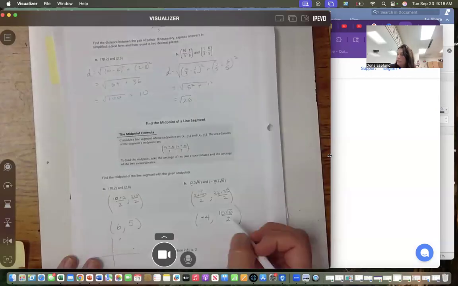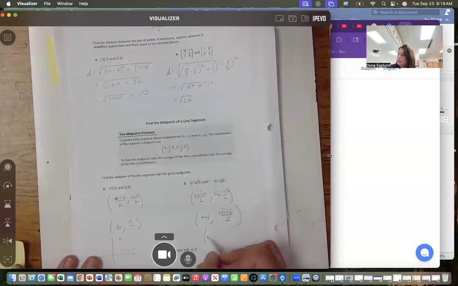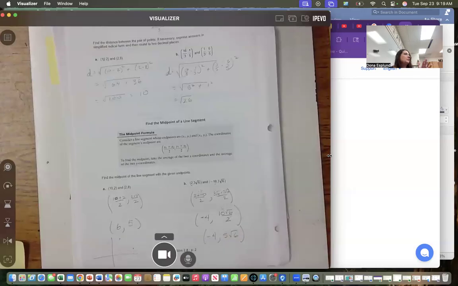On this one, the 2 is not underneath the radical, so I can take 2 into 10 and reduce that to 5. So my answer is negative 4 comma 5 square root of 6. But never put the 2 under the radical. In other words, I wouldn't cancel that with a 6 and say that I had square root of 3. You can't take a number outside the radical and reduce it with the number inside the radical. Okay.